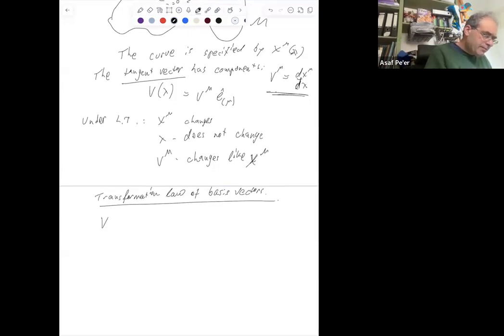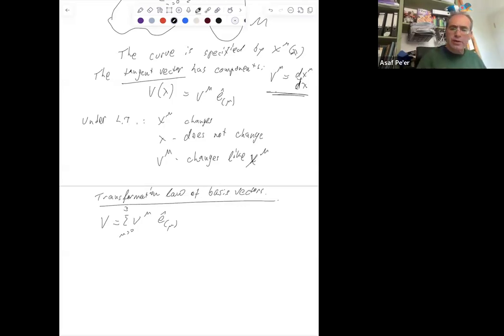We said that V is V mu E mu, sum from mu 0 to 3. Now I want to change basis.